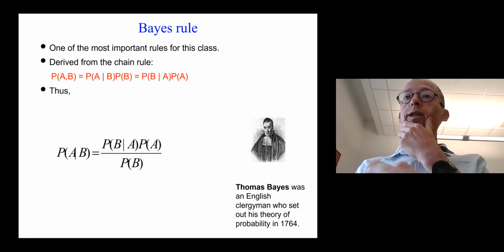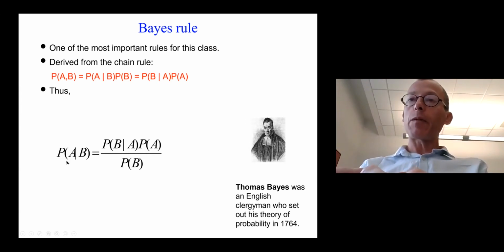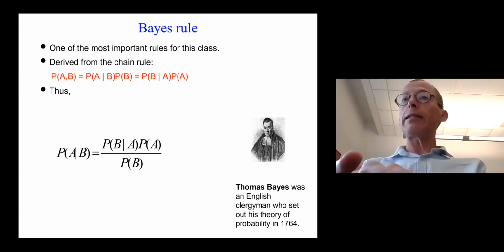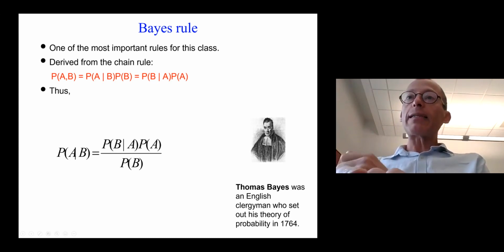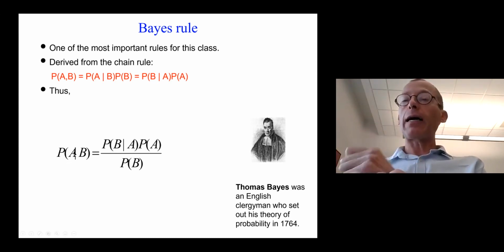Why is this useful? Sometimes it's much easier to compute one side of the condition compared to the other. If it's easy for us to find the values of one side of this conditional probability, let's say B given A, what Bayes rule tells us is that it's possible for us to infer the other condition.